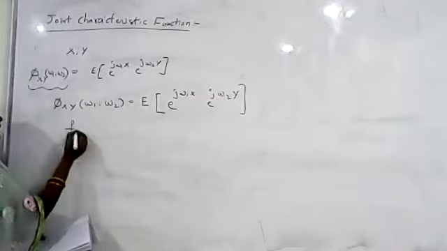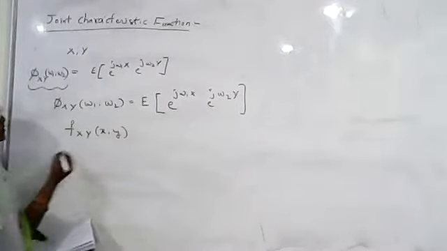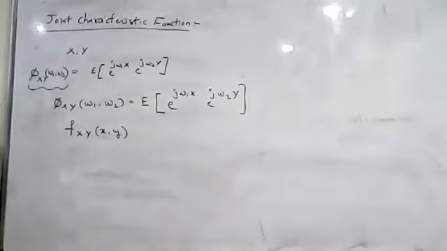For example, f xy of x comma y is the joint probability density function of the random variables x and y.